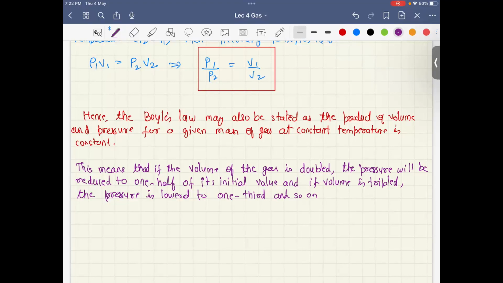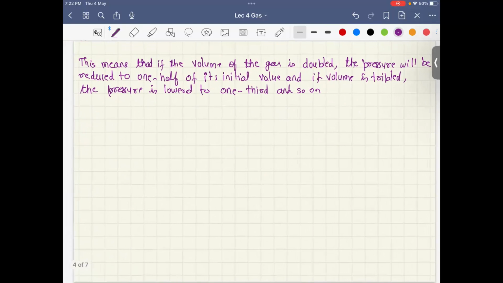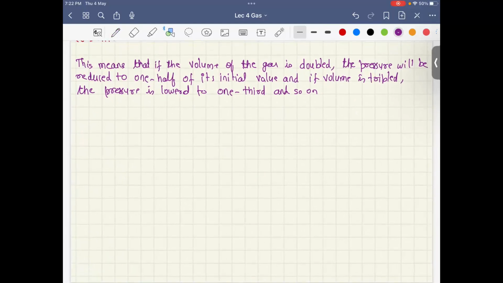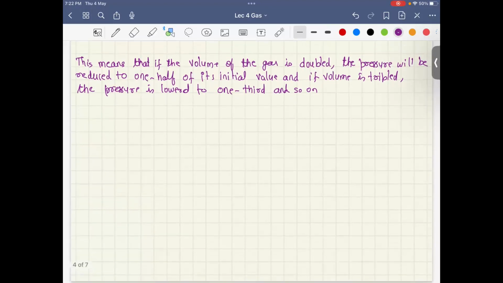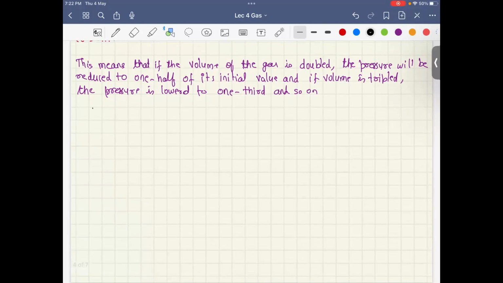So if you try to plot it on a diagram, what is the diagram? The graph is plotted between P and 1 by V, a straight line passing through the origin is obtained, right? Let us try to see the curve which we get. The expression which we are going to use is P into V equals constant. So this is the equation of a hyperbola, right?